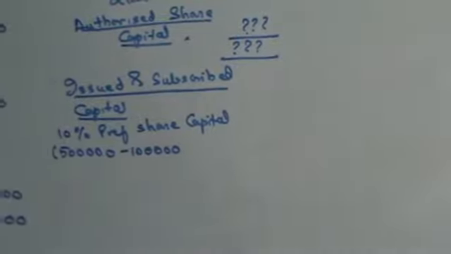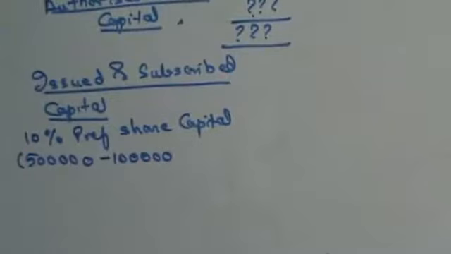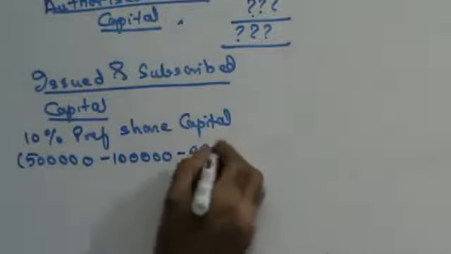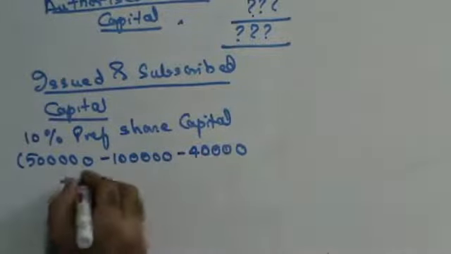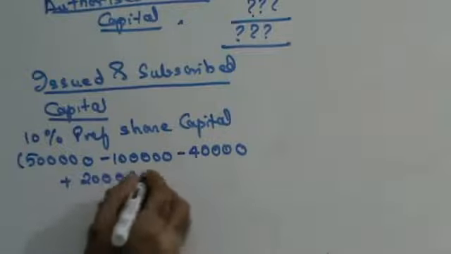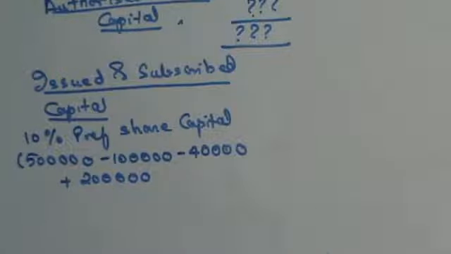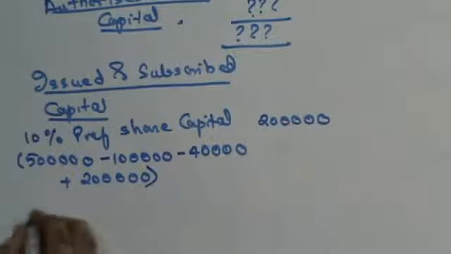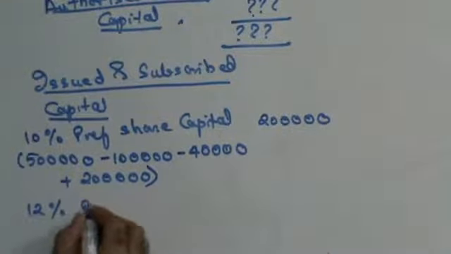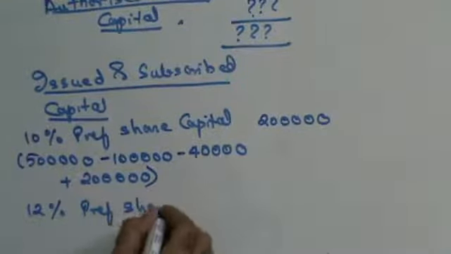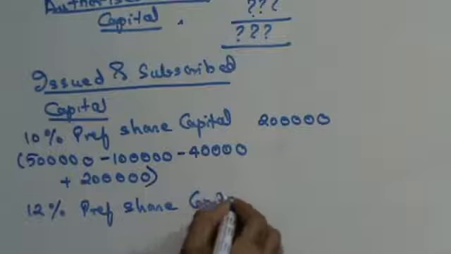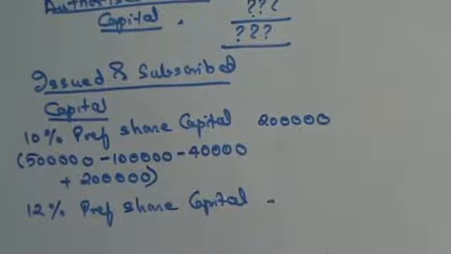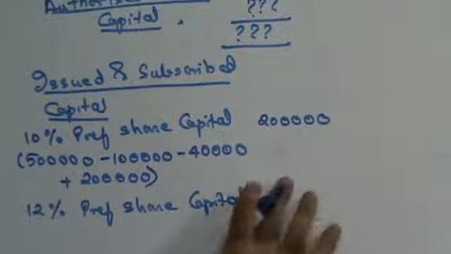You have preference share capital both on the debit and the credit side. Debit side is 4 lakhs, so you subtract 4 lakhs. Credit side is 2 lakhs, so you add 2 lakhs. Besides this, I don't think you have any other 10% preference share capital, right? So this will come out to 2 lakhs. Then you have 12% preference share capital, guys, is 1,40,000.